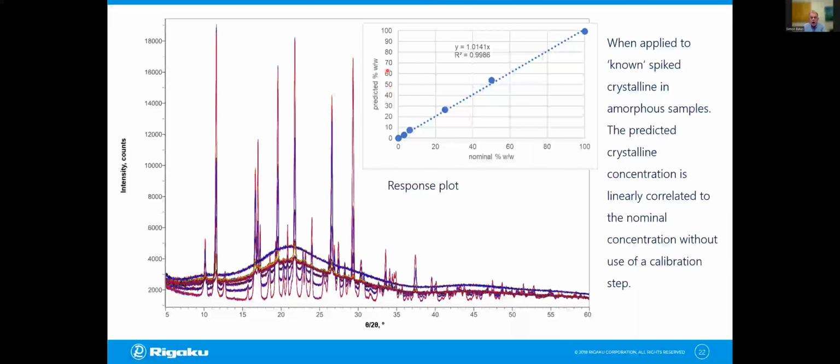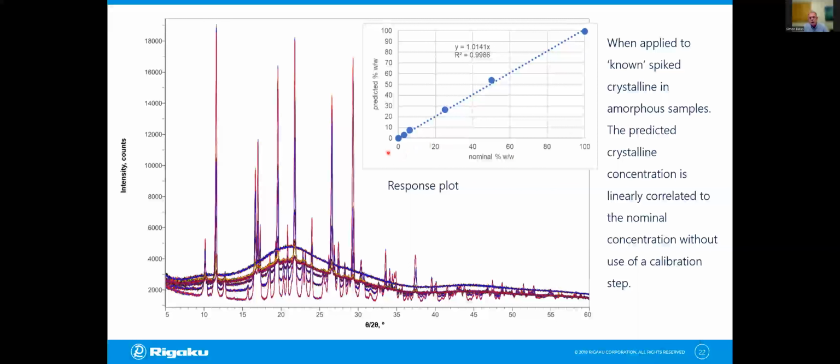And then on the y-axis, we have the predicted values after running the component analysis on the measured data itself. And as you can see, this is a very, very linear response curve. Again, this is not a required calibration or anything like that. This is just testing whether the standardless results that are coming out are actually representative of the nominal mixtures that we produced.